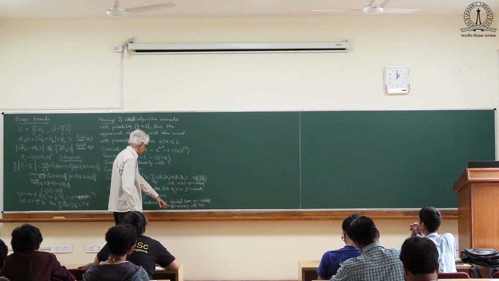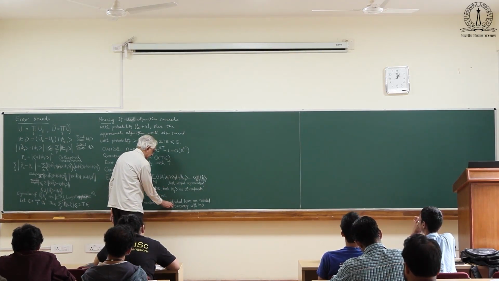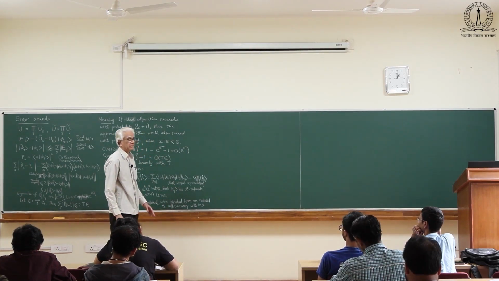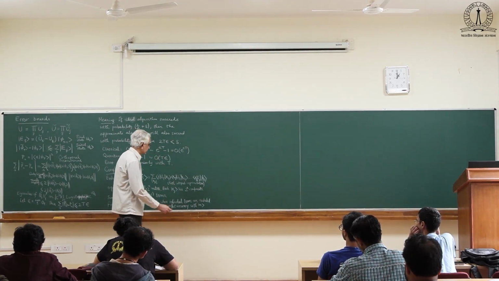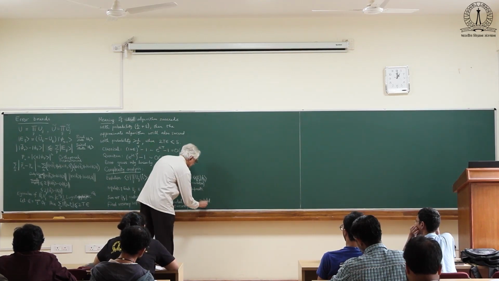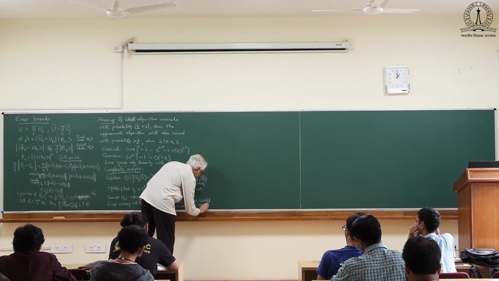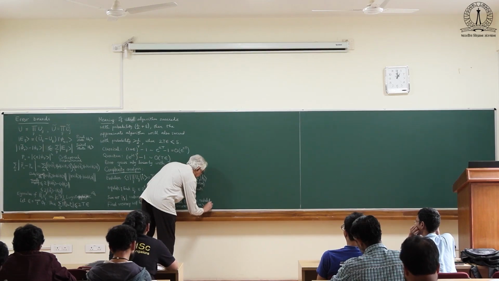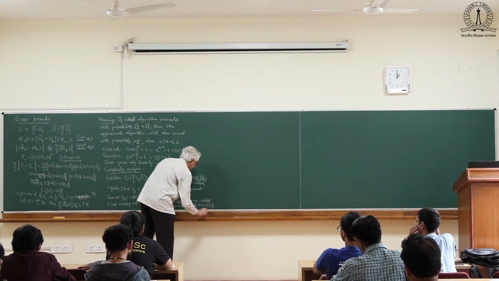If you have m bits, the accuracy will be 2 to the power minus m. Okay, so what you end up with is this constraint that m is greater than n times (t minus 1).